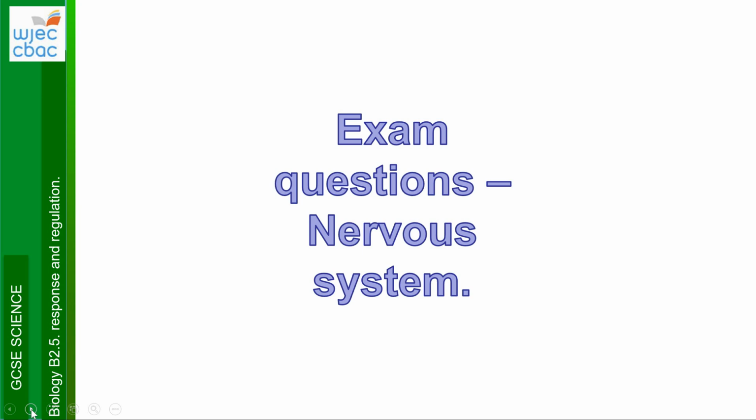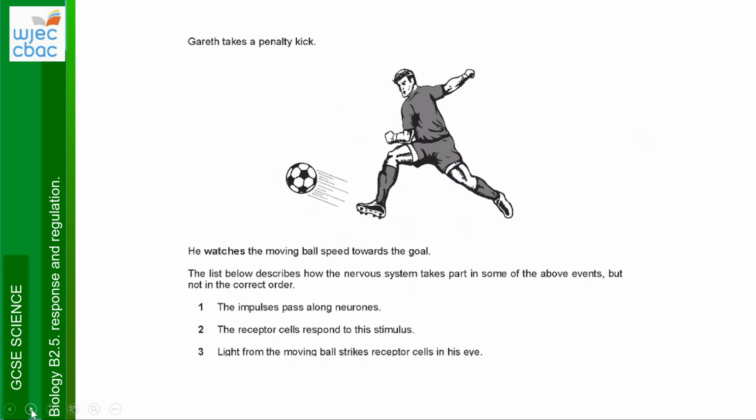Okay, so hopefully now you've had a look and completed the questions that we have on pages 15 to 17. If we start with the question on page 15, we've got Gareth taking a penalty kick. He watches the moving ball speed towards the goal. The list below describes how the nervous system takes part in some of the above events, but they're not in the correct order.